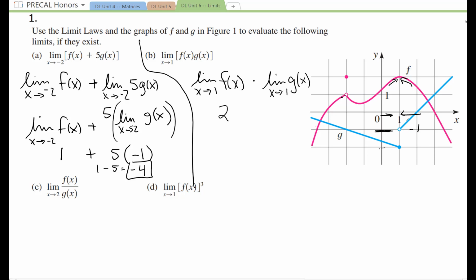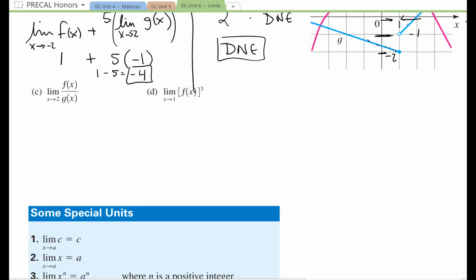But from the left side, it's approaching -2. If the left and the right hand limits do not line up, if they're not the same, then the limit does not exist. You can't multiply 2 times does not exist, so therefore the limit of this product does not exist because the limit of one of them did not exist.